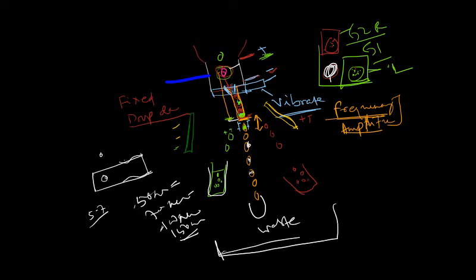How we compute the drop delay and how different instruments handle it, I will talk about in a separate class altogether. Here what you need to understand in a very simple way is that as the cells are illuminated, the detection happens. After the detection, the decision is made whether to sort the cell, and in which direction it will be sorted. Then deflection, and finally we do a collection.